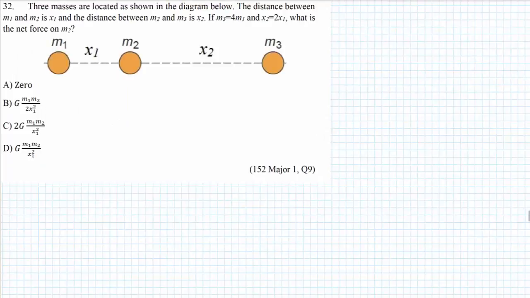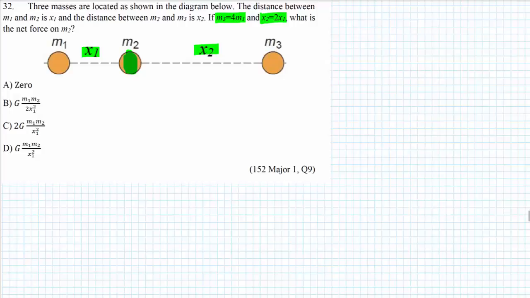Three masses are located as shown in the diagram below. The distance between M1 and M2 is x1, and the distance between M2 and M3 is x2. If mass 3 is 4 times mass 1 and x2 equals 2 times x1, what is the net force on the mass M2? We need to find the net force here.